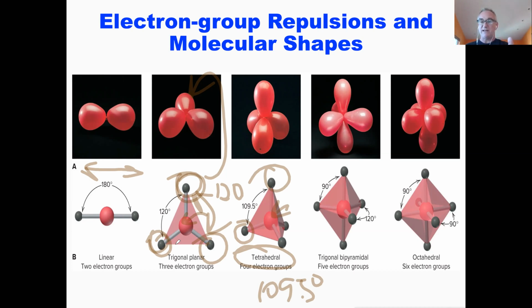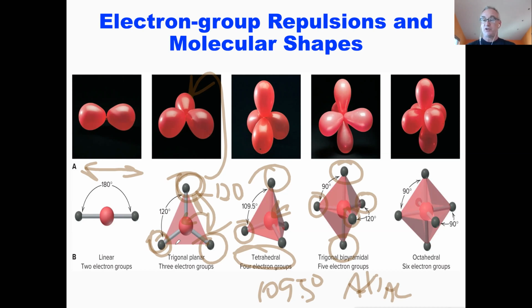And then when we get to 5, we get this weird shape where we have 2 positions on top and on bottom. We call those axials because they look like an axis through the Earth. And we call these 3 on the outside, 1, 2, 3, the equatorial atoms, because they're around the middle, on the periphery.